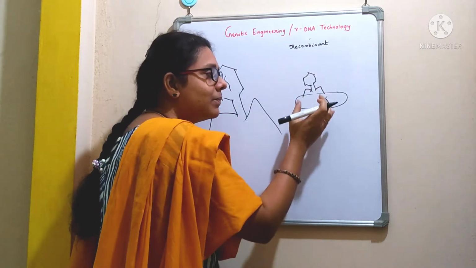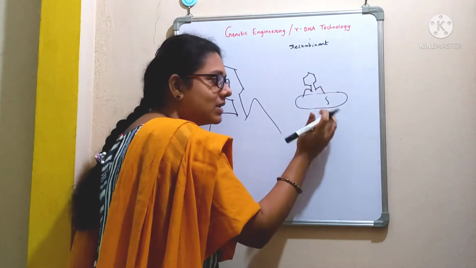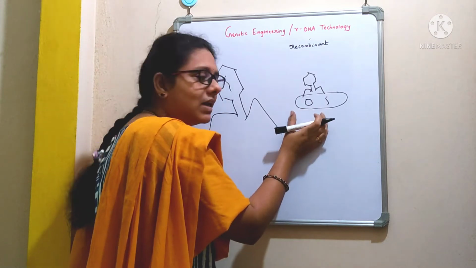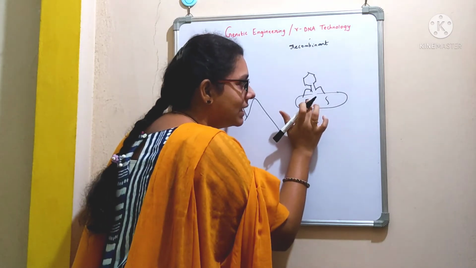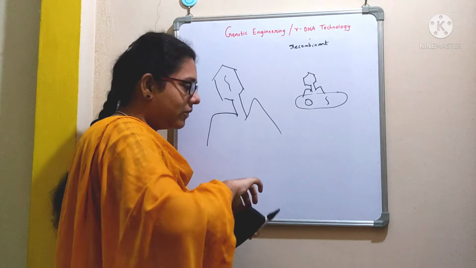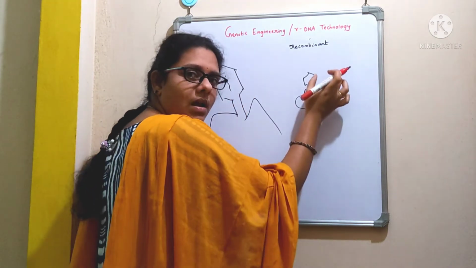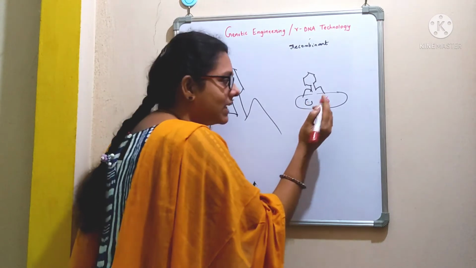Remember, as this genetic material got incorporated into the bacterial cell, the bacteria also have their own DNA, right? Sometimes this viral genetic material gets integrated with the bacterial chromosome. I'll use another color for better understanding. See, this is the genetic material from the virus, and this is the genetic material of a bacterial cell.